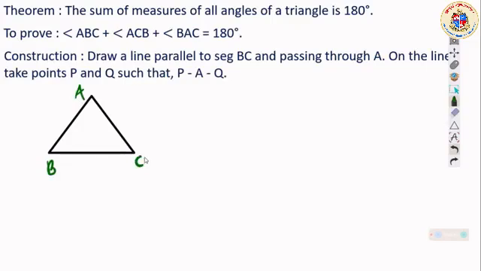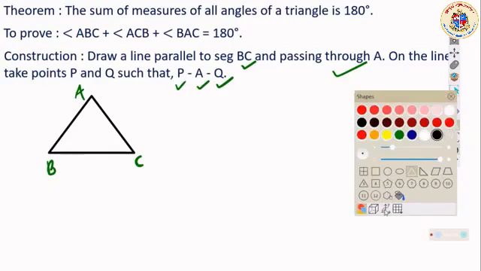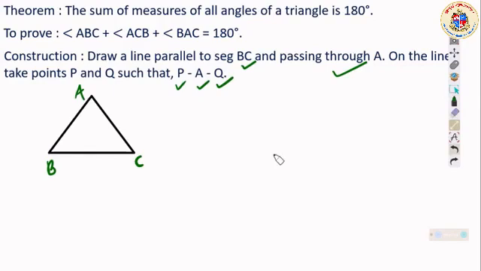The triangle is named. Now an instruction is given to draw a line parallel to segment BC passing through A. On the line, take points P and Q such that PAQ is collinear. So I need to draw a line over here, parallel to BC.